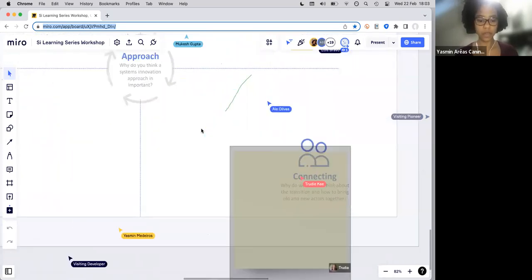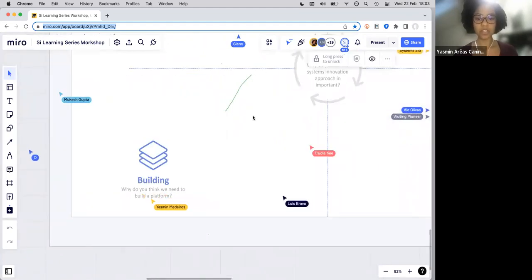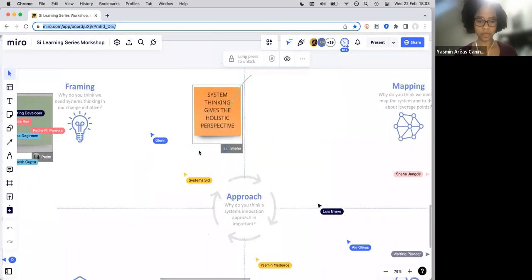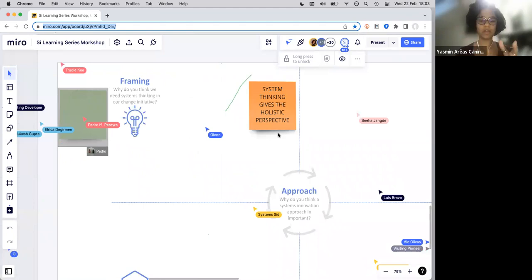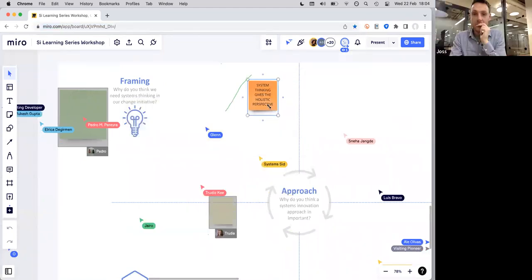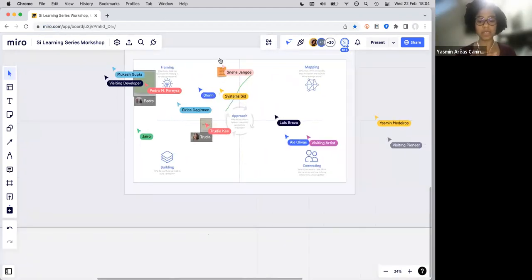The fourth, why do you think we need to build a platform? So here, those are general questions. We don't want to constrain to any specific challenges. So you can use these questions in the context of some challenge that you may be addressing at the moment.